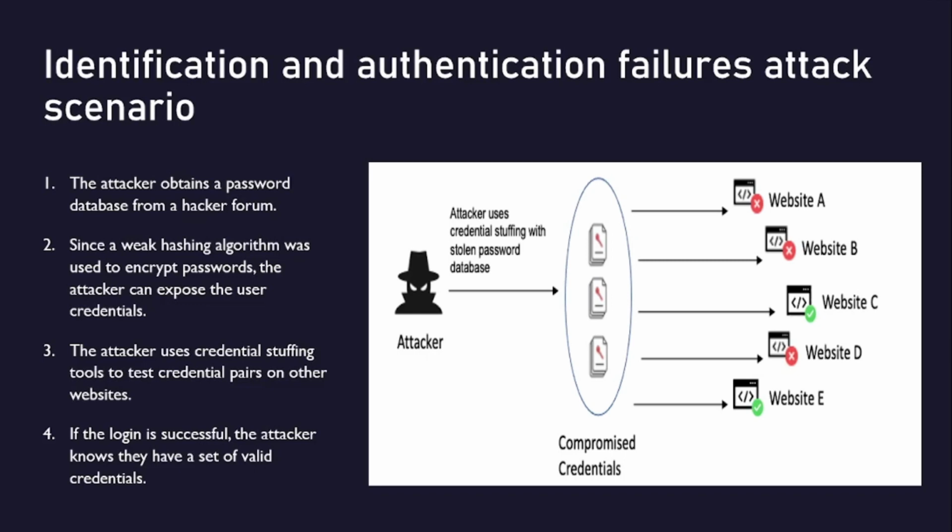The attacker obtains a password database from a hacker forum and uses credential stuffing with the stolen password database. Since a weak hashing algorithm was used to encrypt passwords, the attacker can expose the user credentials. The attacker uses credential stuffing tools to test credential pairs on other websites. If the login is successful, the attacker knows they have a set of valid credentials.